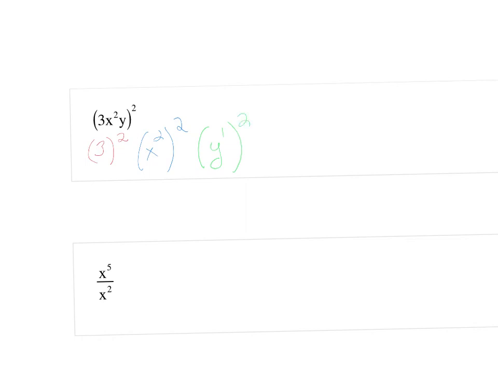And so my coefficient 3 squared would be 9. X to the second power would be x to the fourth when I multiply those exponents. And y to the first to the second power would be y to the second.